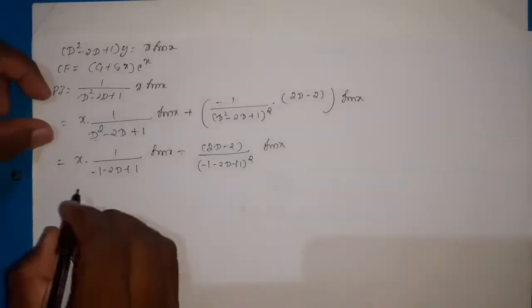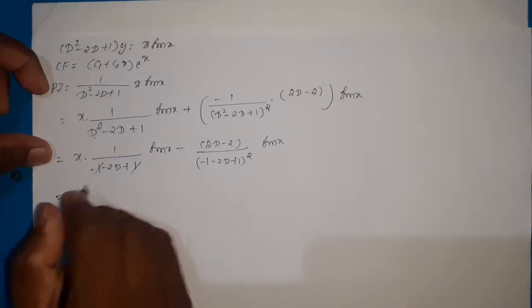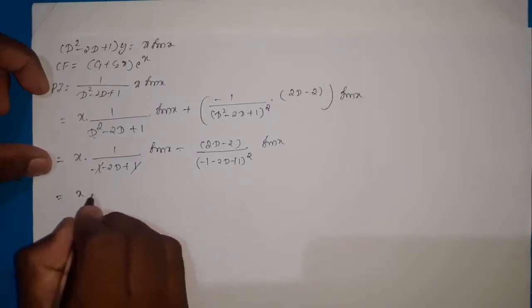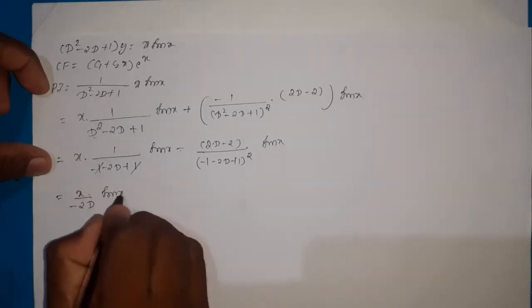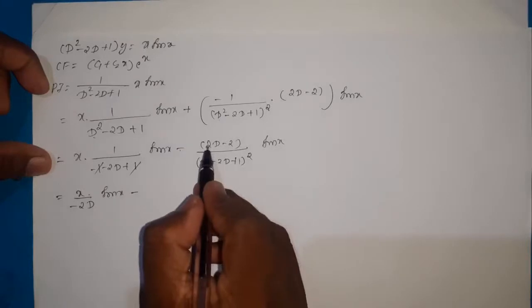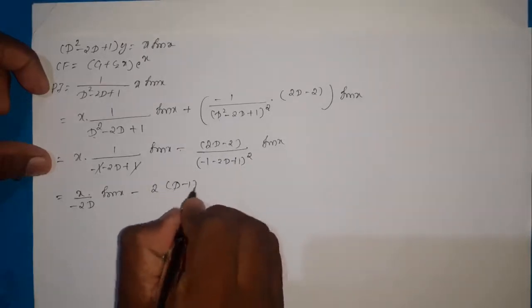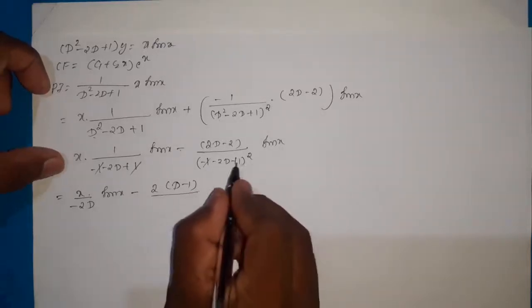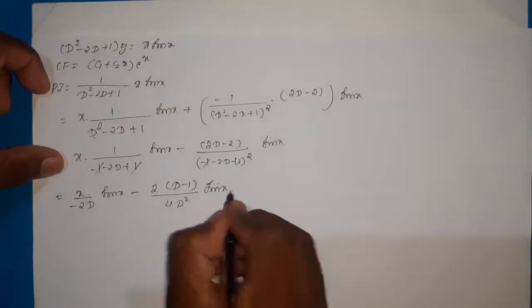Then here minus 1 plus 1 get cancelled. It is x divided by minus 2D sin x minus, here you can take that 2 common, so 2 into D minus 1 divided by, here minus 2D whole square, that becomes 4D square sin x.